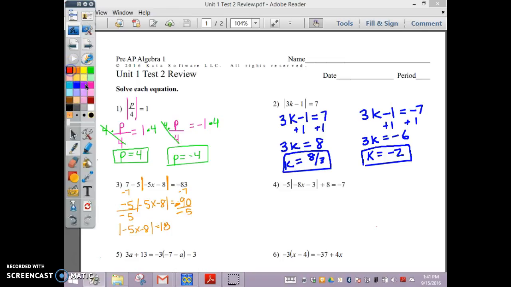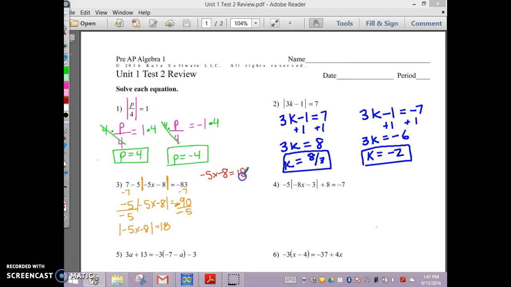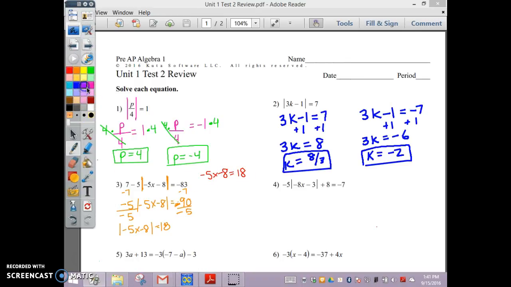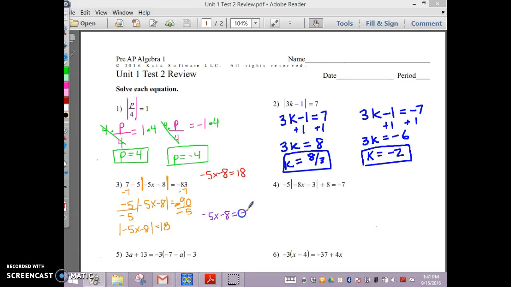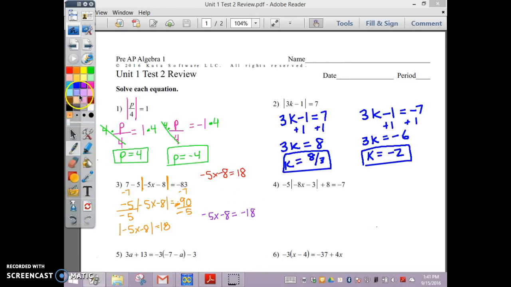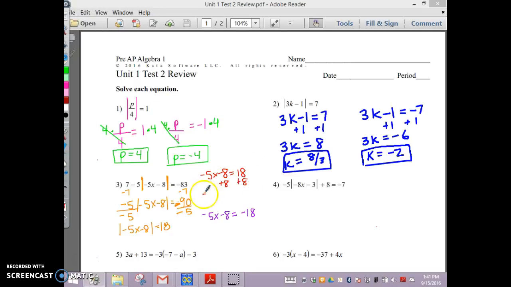So case 1 is -5x minus 8 is equal to 18, while case 2 is -5x minus 8 is equal to -18. Just like before, I'm going to add 8 to both sides. This gives me -5x is equal to 26, and divide both sides by -5.